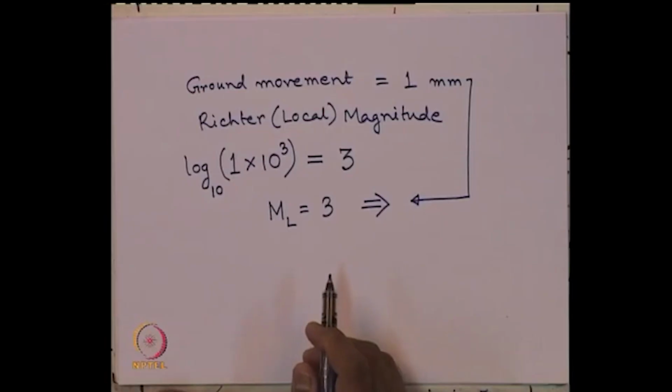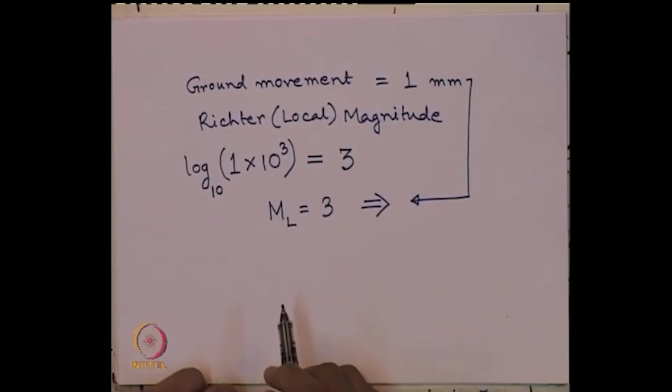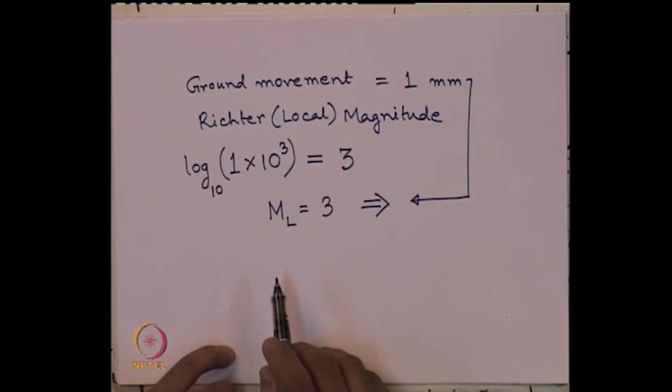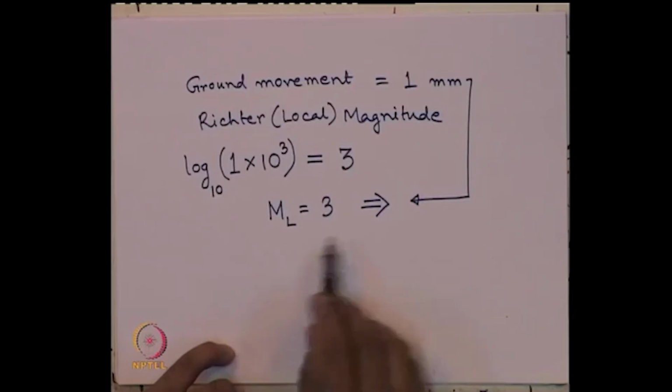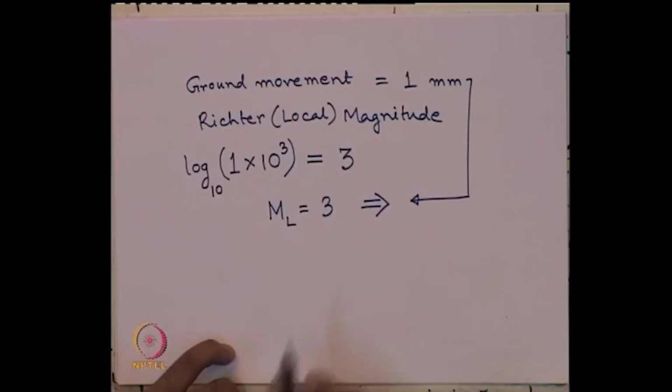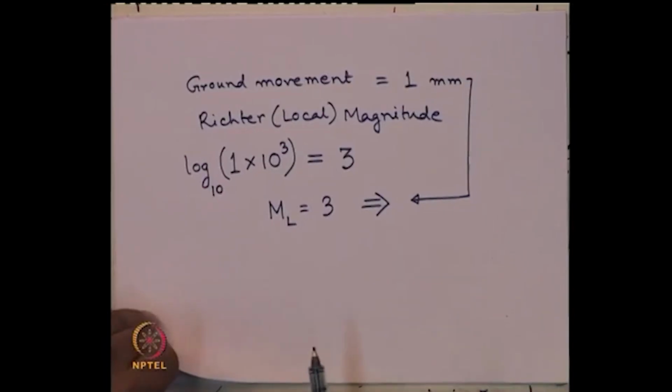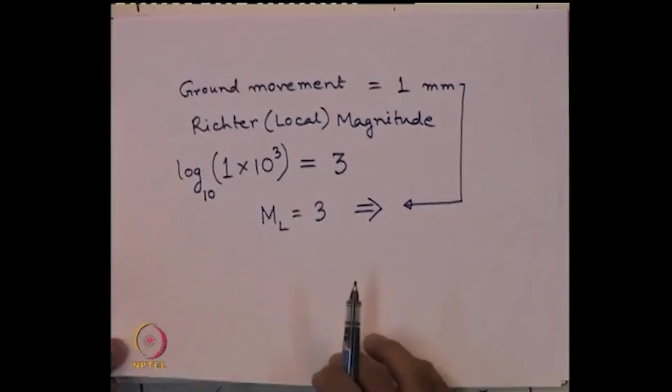Several technical and newspaper articles, various websites, they will mention what is the Richter or local magnitude of the earthquake. So, this is the simplest way one can estimate this Richter magnitude of an earthquake. There are of course detailed values, etc., which we will come to very soon in the subsequent slide.